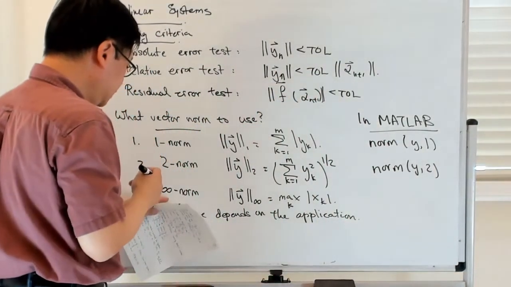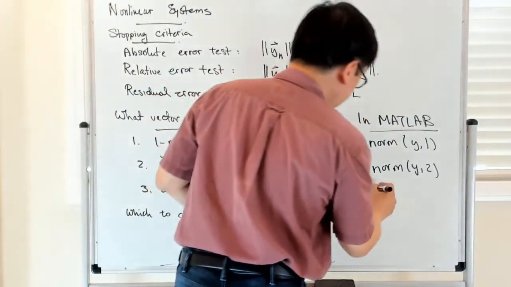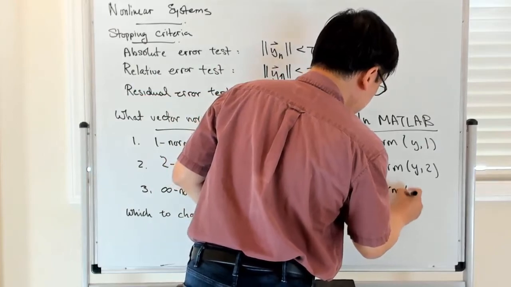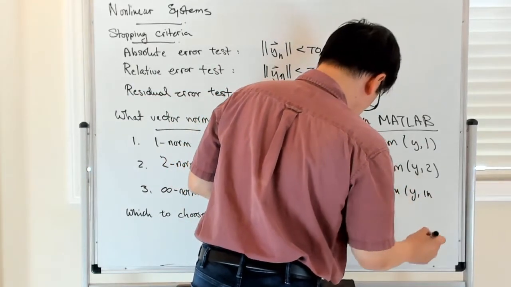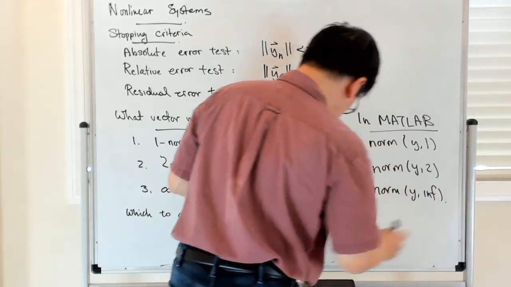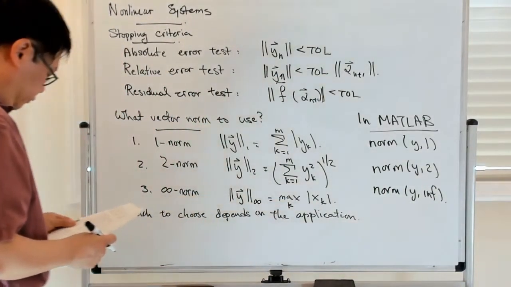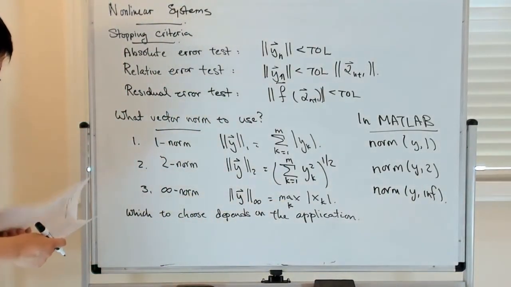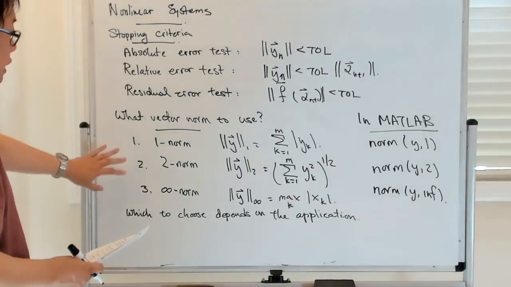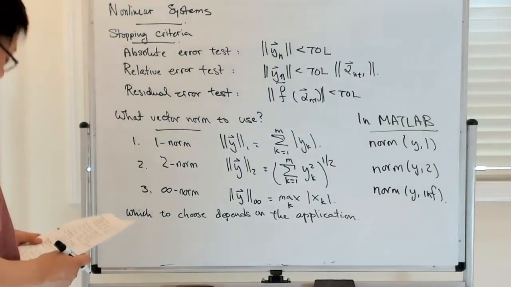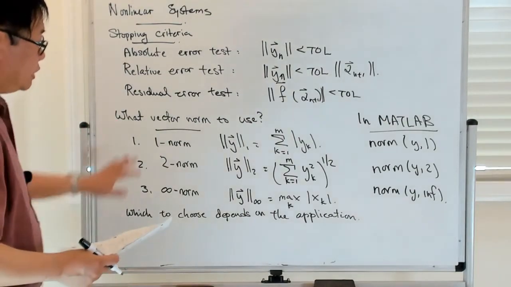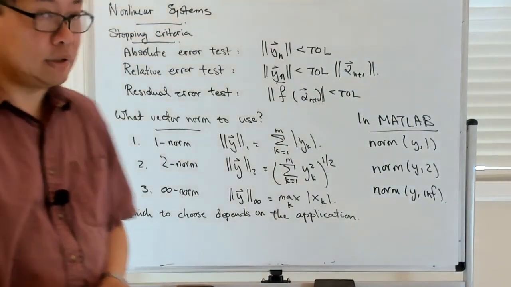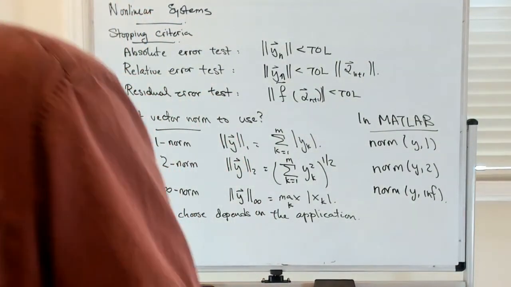And if you want to evaluate the infinity norm, you call norm y comma inf. So that's basically how you might set this up. Let me just stop here for now, and we'll discuss the algorithm for this later.